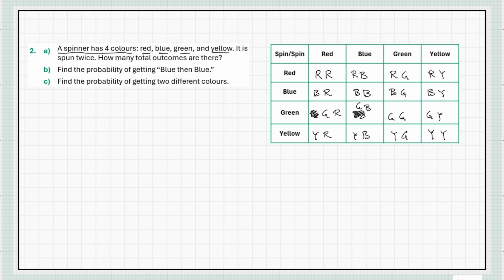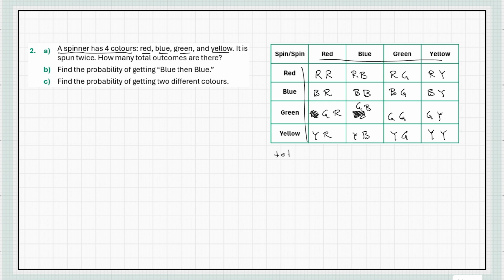So now that we've done that, that's our entire sample space showing all the possible outcomes that can occur. If you look up the top here, we have 4 possible outcomes in either independent event, which means ultimately the number of total outcomes we'll have is going to be 16. 1 column of 4, 2 columns of 4, 3, and then 4 columns of 4.